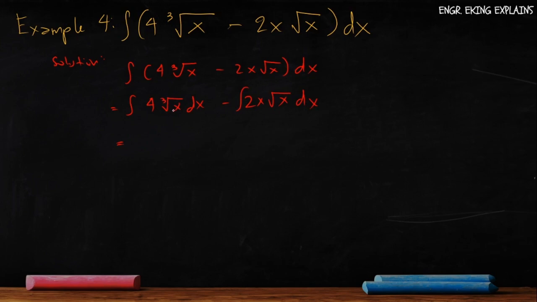To make our expression much simpler, we need to transform our radicals into exponential form. So we have 4, cube root, that is x raised to the power of 1/3 dx, minus 2x, square root, that is x raised to the power of 1/2 dx.